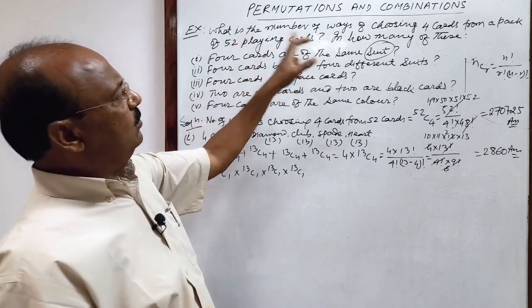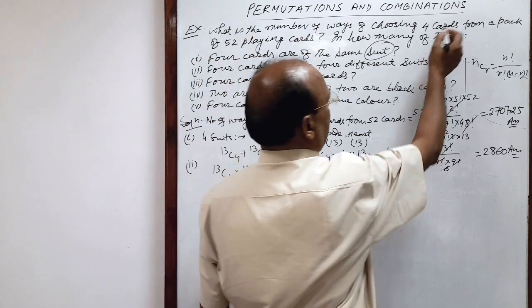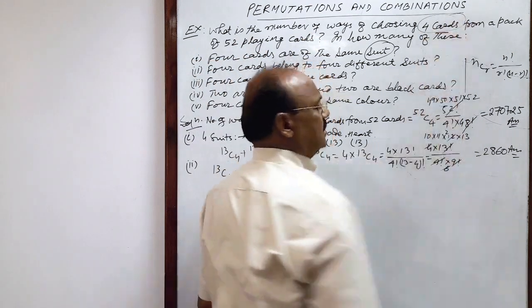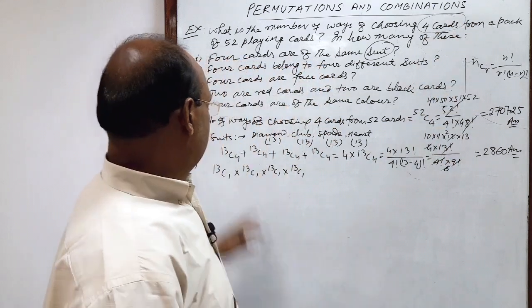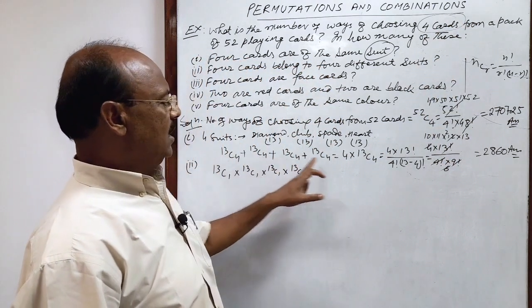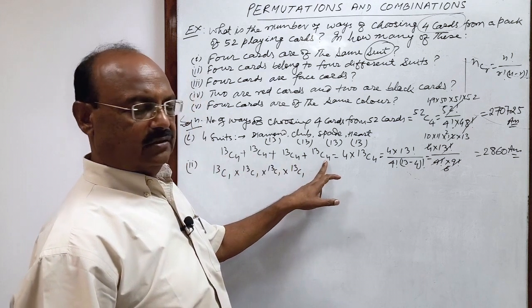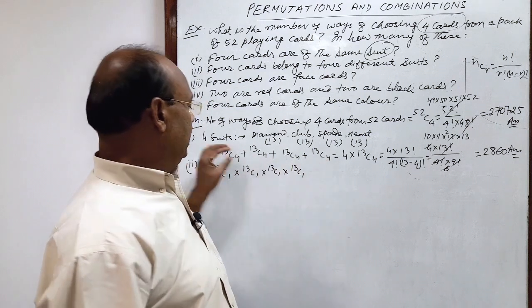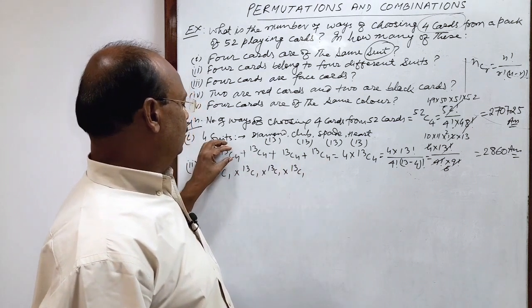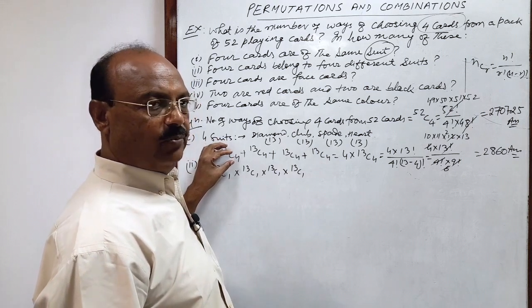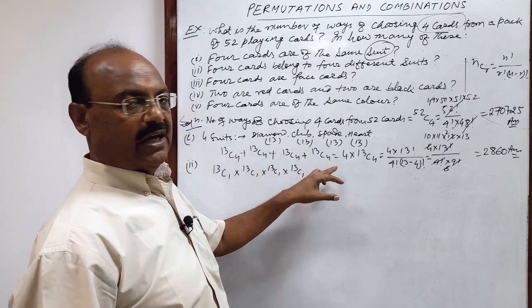In the statement of the question, it is already mentioned that we have to choose how many cards? 4 cards. So you see here in each step 4 cards have been selected. So in each step the selection of 4 cards is complete, means the job is complete. That's why the addition sign is there.